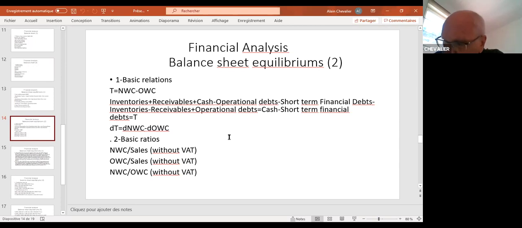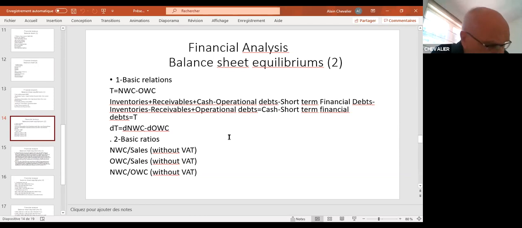And of course, you need to keep some kind of equilibrium there, with perhaps an operating working capital being positive, because if you want to sell, you need to bring credit to the customers. This is the tradition in your economic sector.